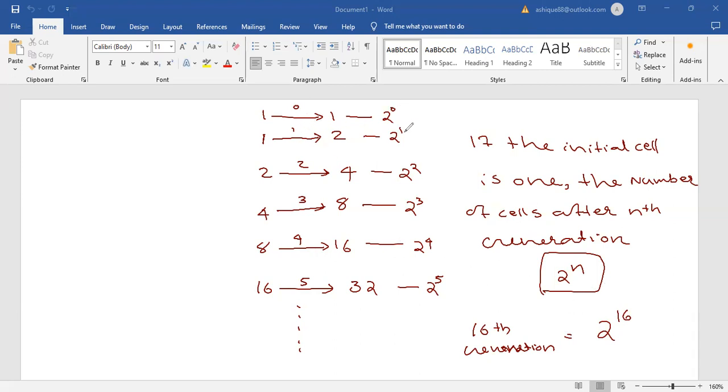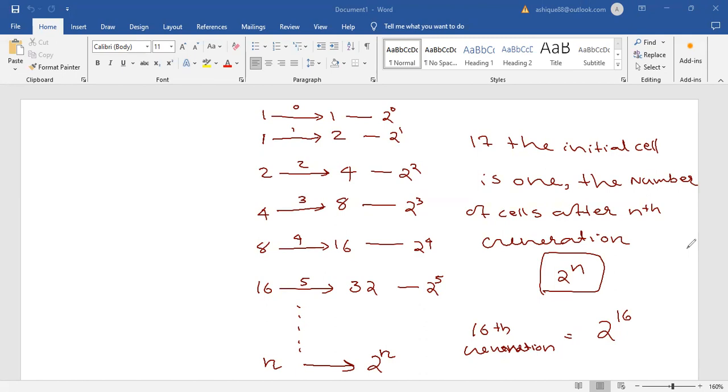In the first generation, 2 raised to 1. In the second generation, 2 raised to 2. Third generation, 2 raised to 3. Fourth generation, 2 raised to 4. Fifth generation, 2 raised to 5. In this manner, in the nth generation, the number of cells will be 2 raised to n. So in the 16th generation, it will be 2 raised to 16. Is it clear?